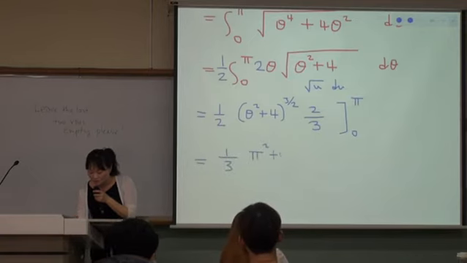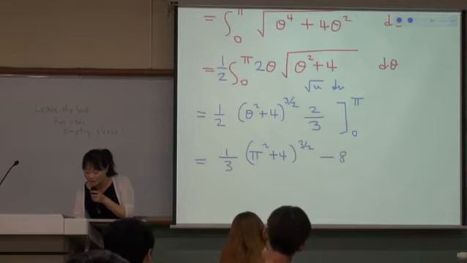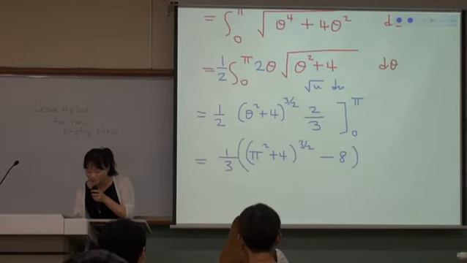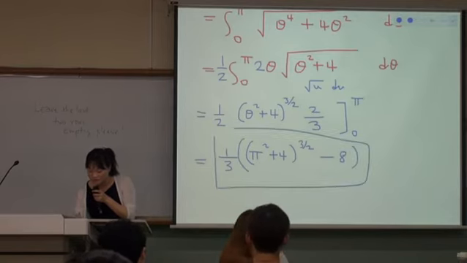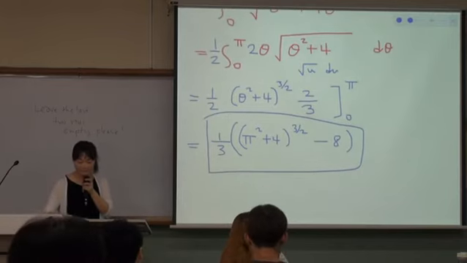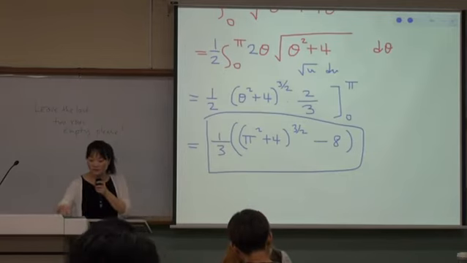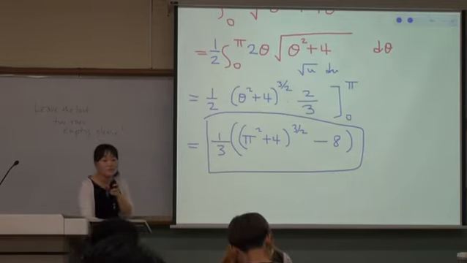One-third, pi squared plus 4 to the 3/2 minus 4 to the 3/2. What is 4 to the 3/2? 8. Yep. So this is the length. Any question?